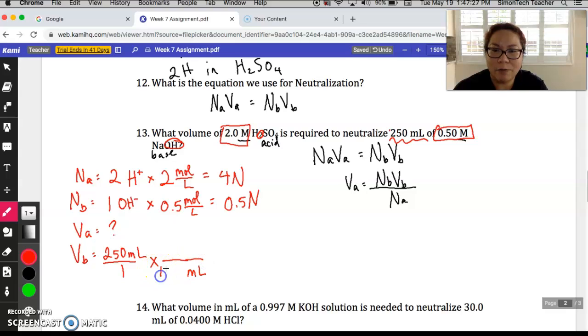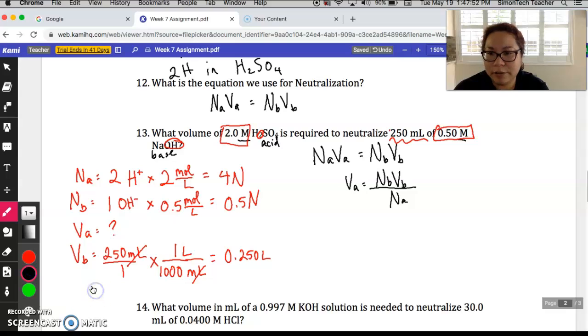And there are 1,000 milliliters for every 1 liter. You guys remember that now? So cancel out the milliliters, and the volume of the base in liters is going to be 0.250 liters. Great, now we've got all of these variables to plug in here.